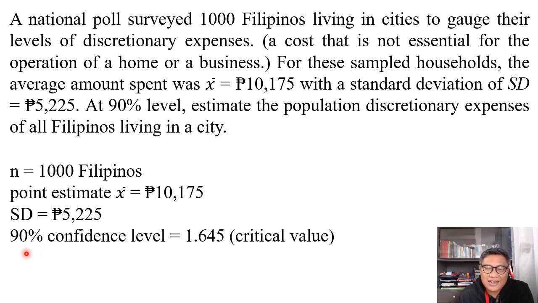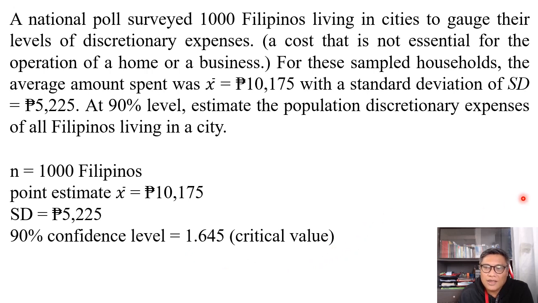So if it is a 90% confidence, the critical value is 1.645. So you see the change of the critical value based on the confidence level. If it's 95% confidence, then the critical value is 1.96. If the confidence level is 99, the critical value is 2.575. However, in this problem, the confidence level is 90%, then it would be 1.645.